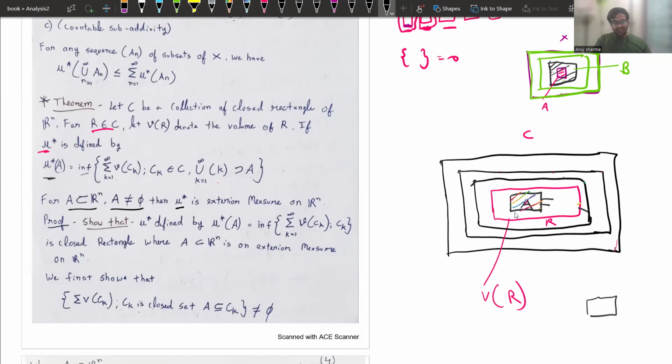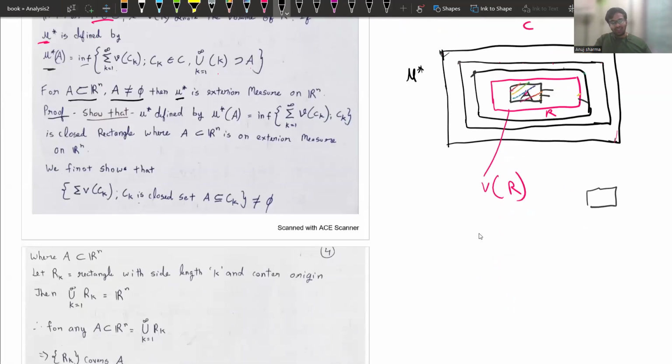If this happens, like there are rectangles and the measure of A is the infimum, then the exterior measure on Rn means a cover, this larger rectangle that is covering. The measure of the larger rectangle would be denoted by mu star. It is the measure of the cover required to cover this, the exterior measure of Rn.